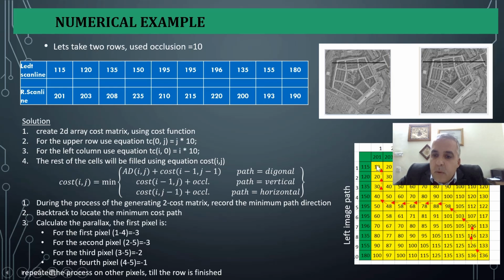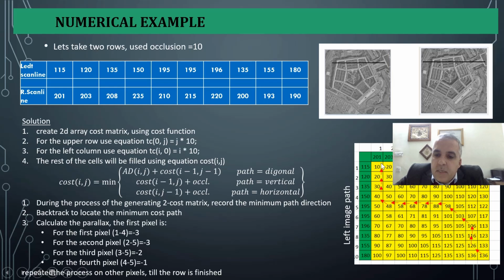We have 93 from this direction, and from this direction the cost, this cost I minus 1 plus 10, gives us 30, and this one also 30.